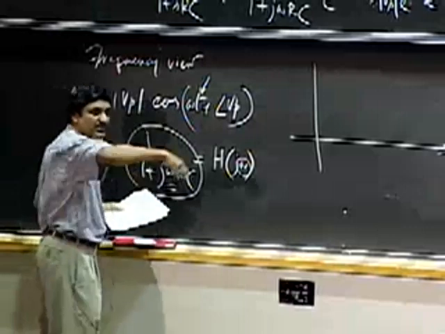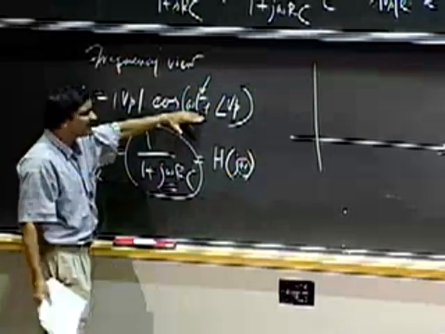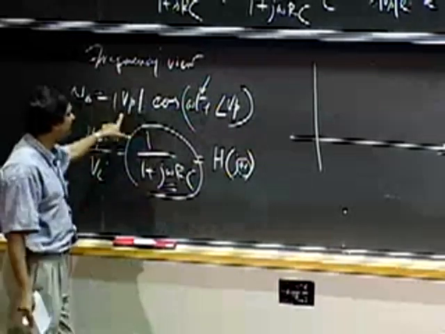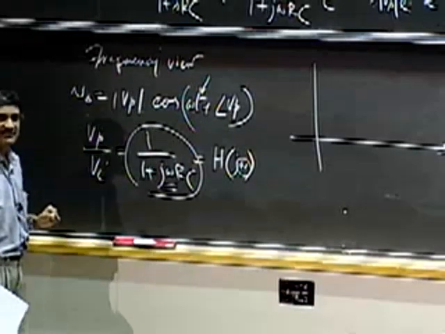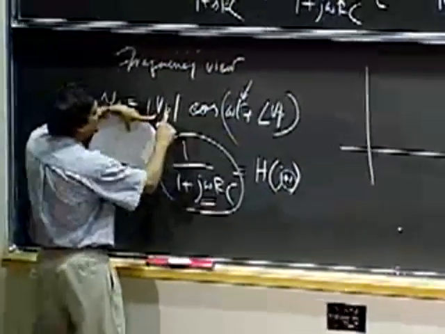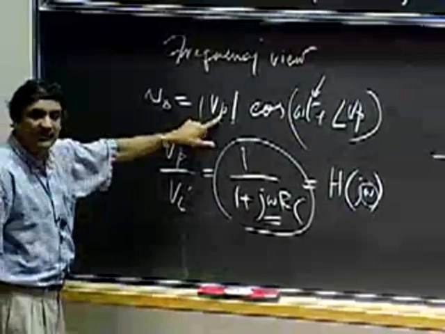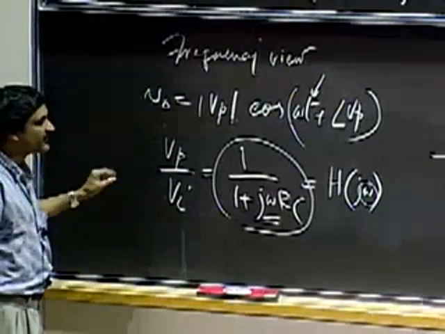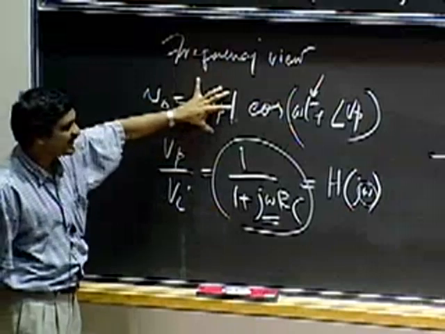So my output is a cosine, but that in itself is not very interesting. It's a cosine of some amplitude and has some phase. So what we're going to plot is this property here, Vp, as a function of the frequency. Vp is frequency dependent.